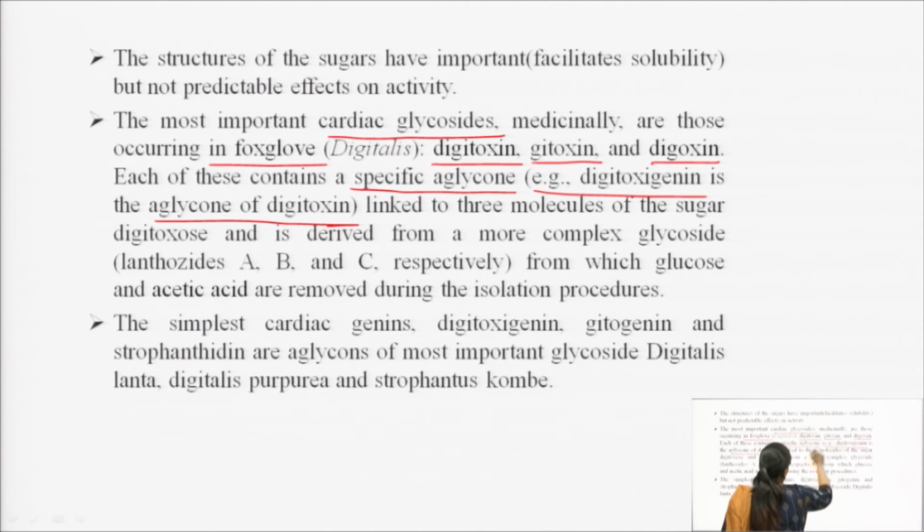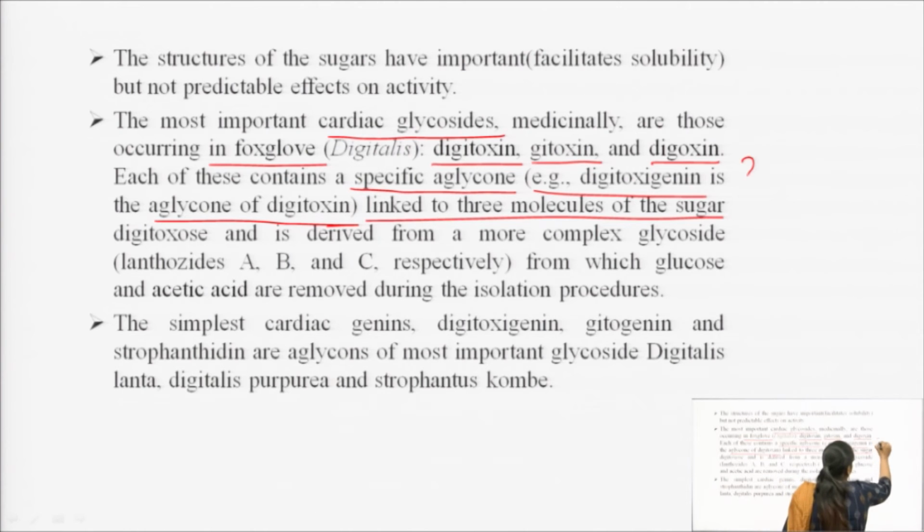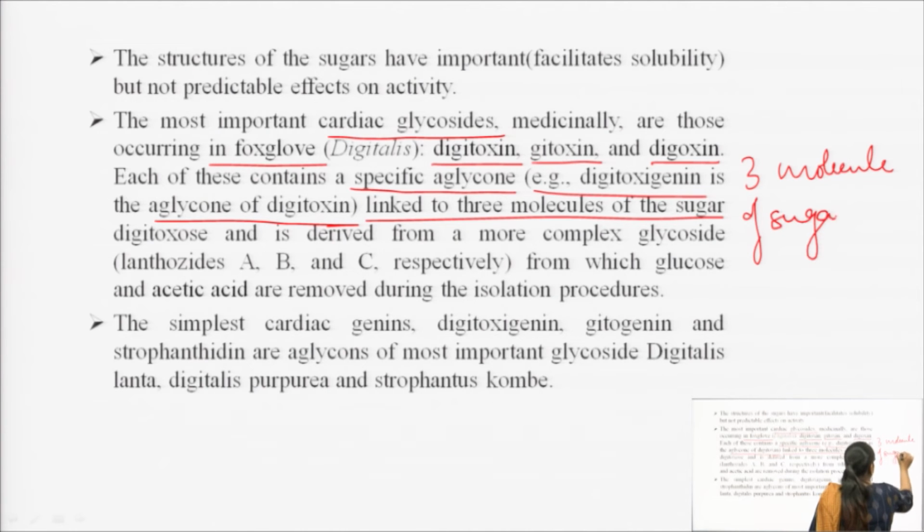In digoxin also it has some, which is linked to 3 molecules of sugar. Mandatory is 3 molecules of sugar, not more than that, not less than that.